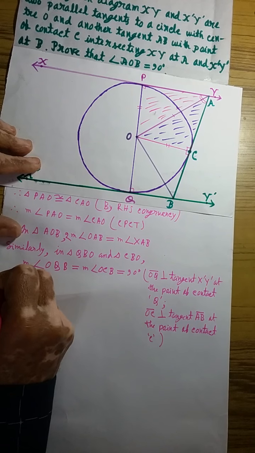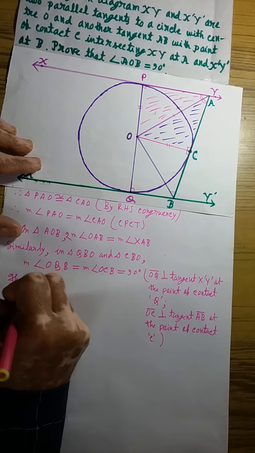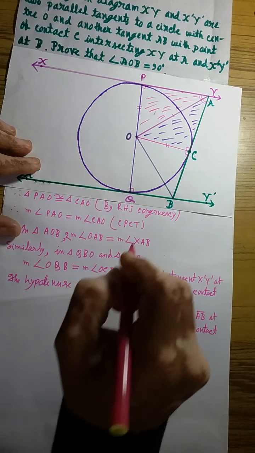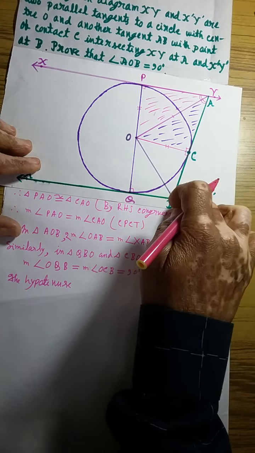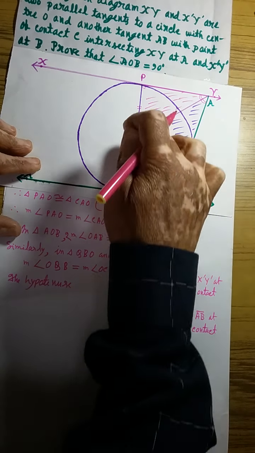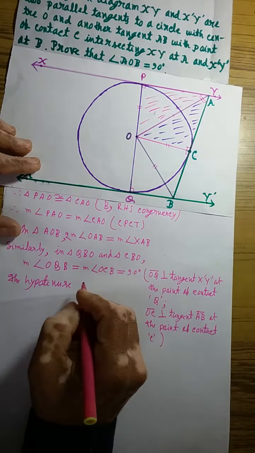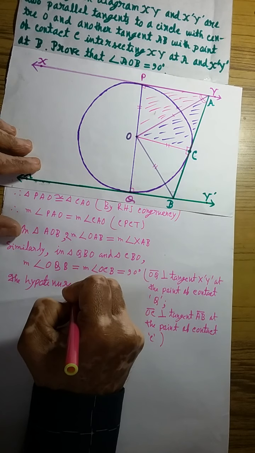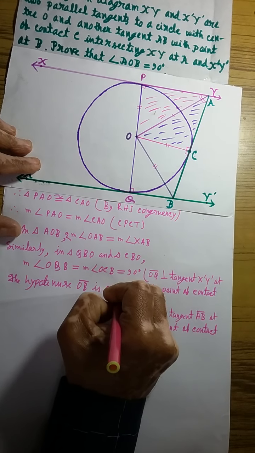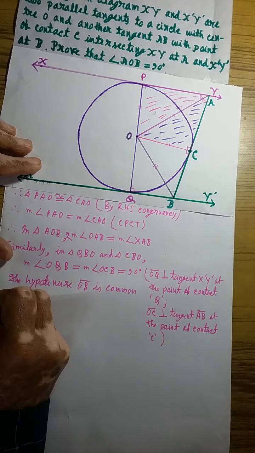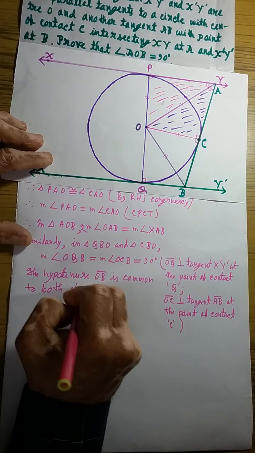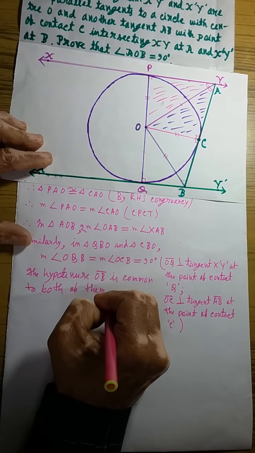After this, write in this way: the hypotenuse OB is common to both of them.